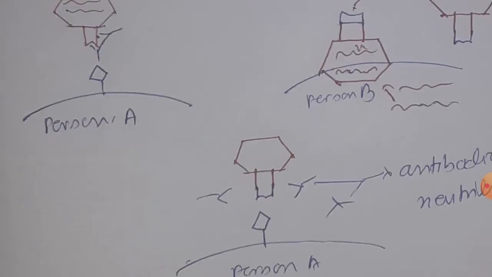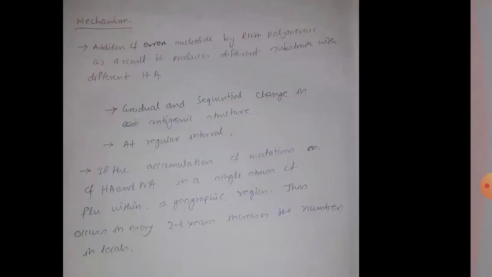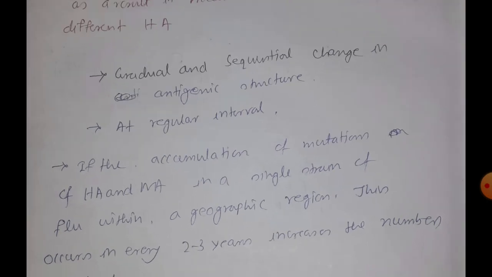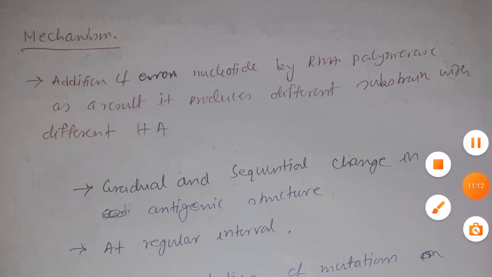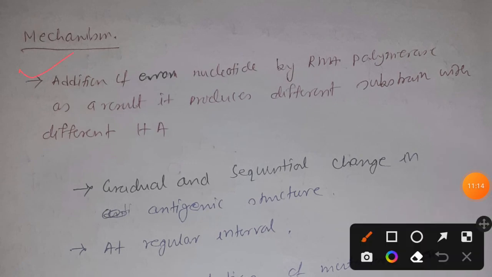So that is what antigenic drift is. So the mechanism is, as I have mentioned in that diagram, the addition of an erroneous nucleotide by RNA polymerase, as a result of which it produces a different substrain with different hemagglutinin.